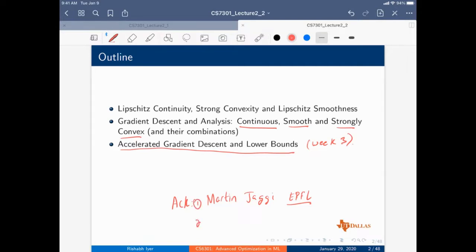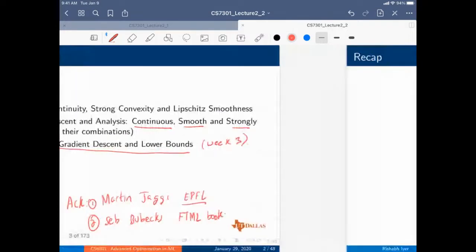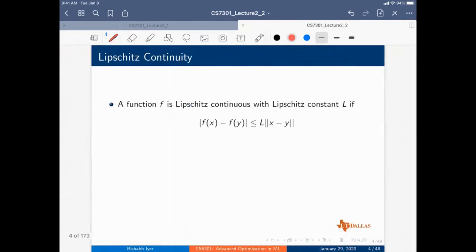Secondly, I also used Sebastian Bubeck's Foundations and Trends in Machine Learning book. I will post all of these books on the GitHub page. I've basically used these two sources for coming up with the slides and the results.